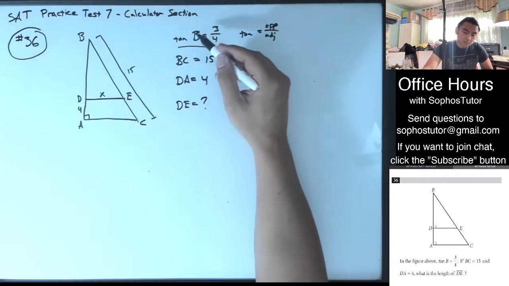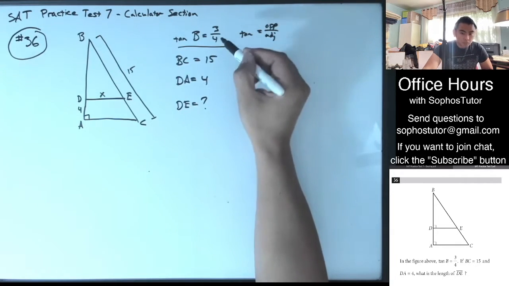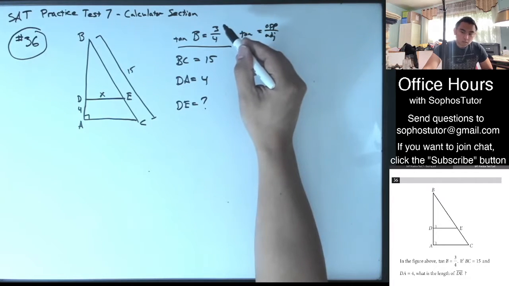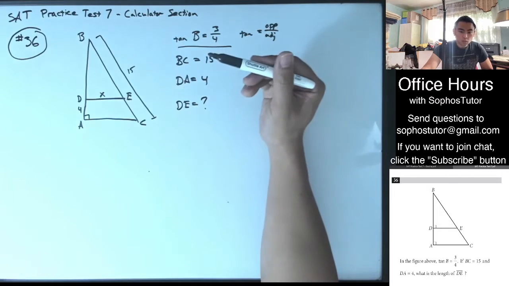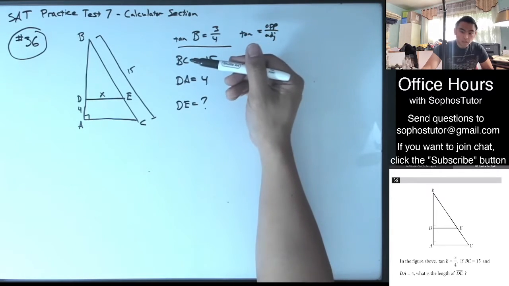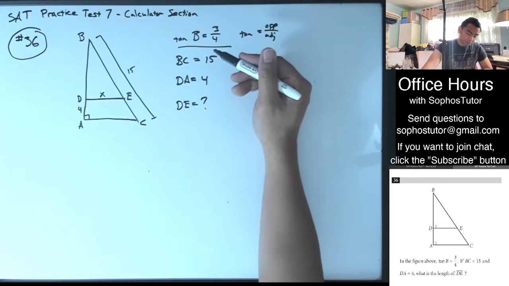So this doesn't mean that the opposite side has a length of 3 and the adjacent side has a length of 4. It means that the ratio between the opposite side and the adjacent side is 3 to 4. So the way that I like to label any kind of tangents is actually with a multiplier. This is known as a scale factor.